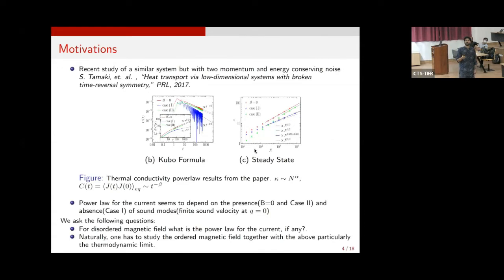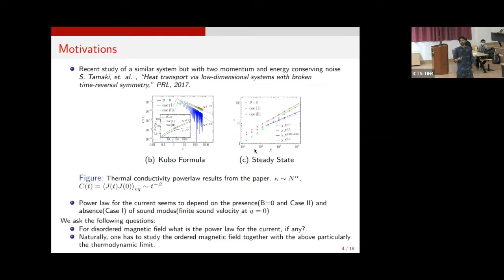The reason for studying such a system is this recent paper by Tamaki and others, where they studied heat transport in a similar system but in presence of interactions, and they find out that when you turn on the magnetic field, the thermal conductivity shows different behavior.